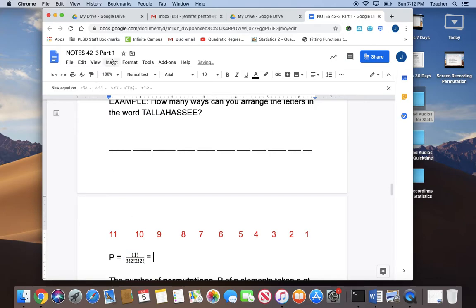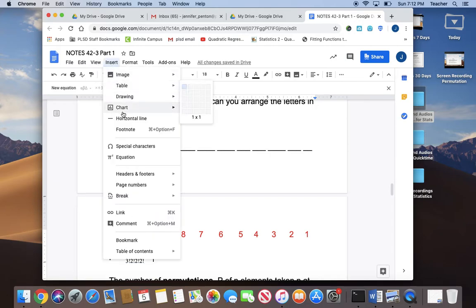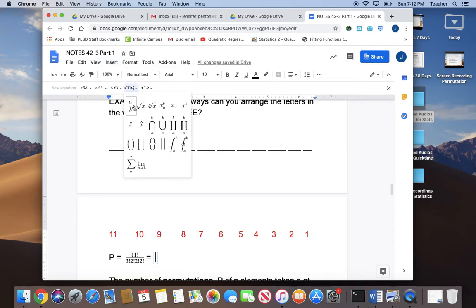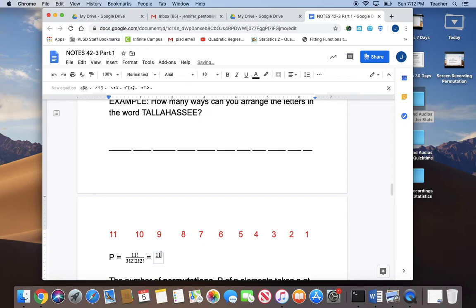So to solve this, if I were going to solve this, I would do 11 factorial, which is 11 times 10 times 9 times 8 times 7 times 6 times 5 times 4 times, and it'll be 3 times 2 times 1.